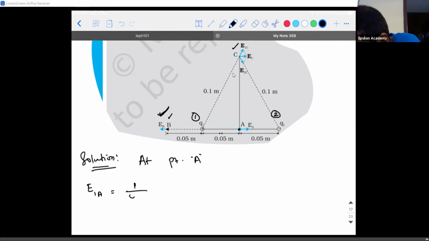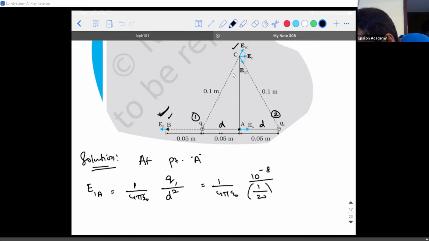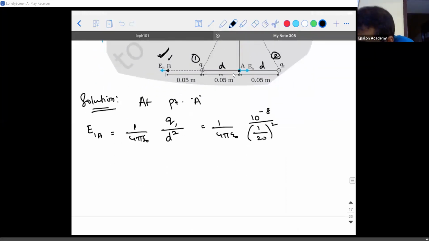K, that is 1 by 4 pi epsilon naught, Q1 divided by D square, if I call this distance D. So that is 1 by 4 pi epsilon naught into Q1, which is 10 power minus 8, divided by D square, which is 1 divided by 20 the whole square, because 0.05 is 1 divided by 20.